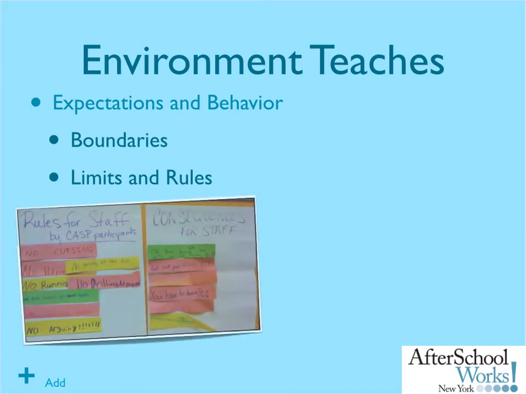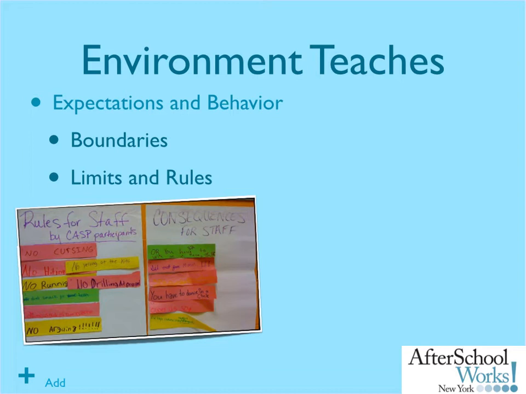I have a number of photographs here of some rules that have been posted in programs. I like this one particularly because it ties back to what we talked about in Skill Area 6, where we're creating a social contract. You notice that this picture is about the rules and consequences for the staff that the children came up with.